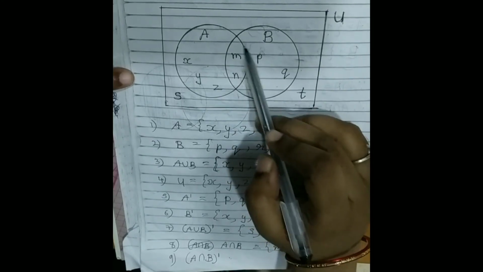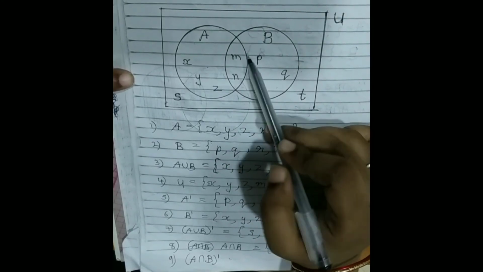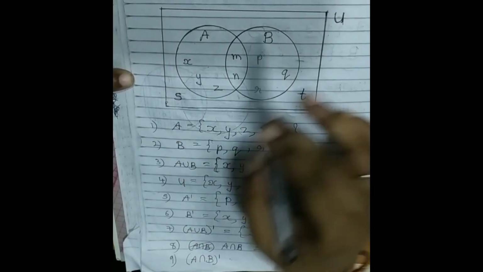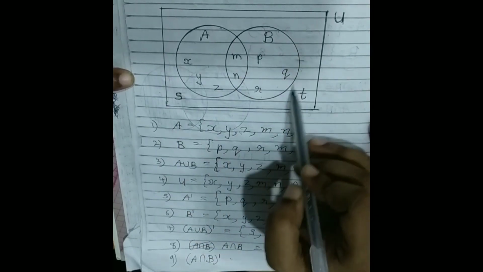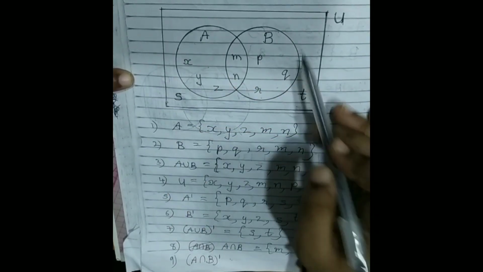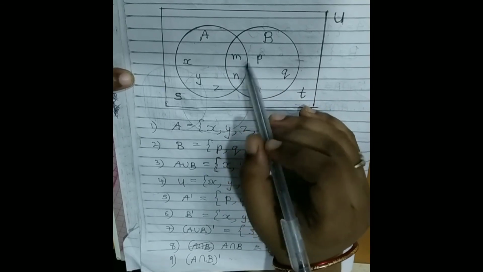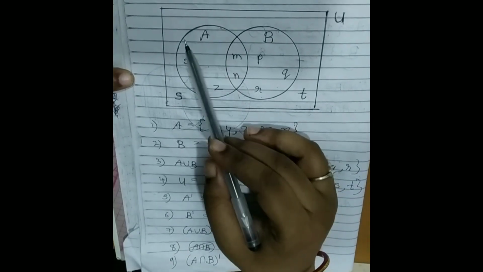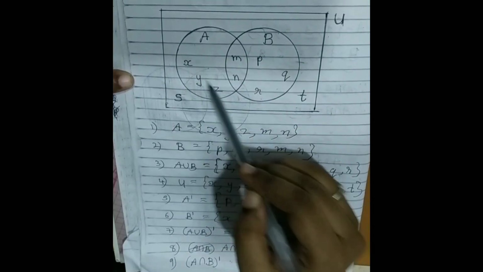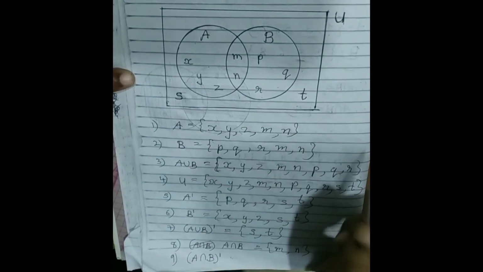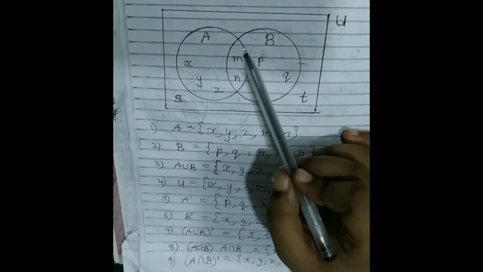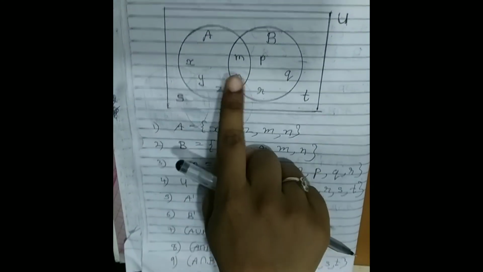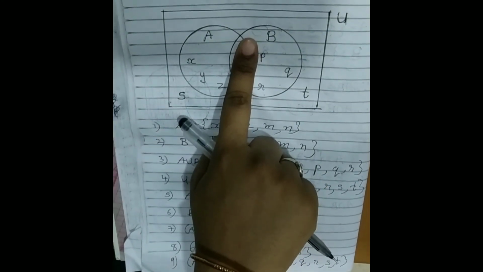Now the last one, A intersection B complement. See, what is there in A intersection B? M and N is there, right? Now if I take the complement of A intersection B, it means all the elements which are not in A intersection B but are present in U. So we will write all the elements but not the elements in A intersection B. So X, Y, Z, P, Q, R, S, T. We are writing all the elements of U but not including the elements present in A intersection B. So leaving these two elements M and N, we write all the other elements.